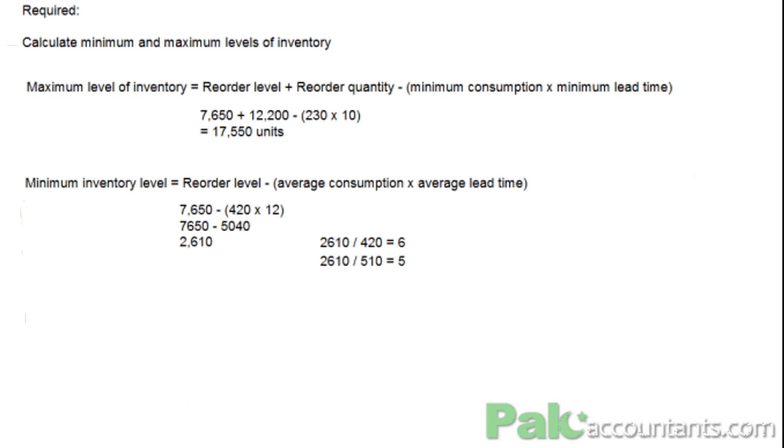Okay. All right. There is one small discussion, a kind of important discussion rather, that what is average inventory, or how do we calculate average inventory?